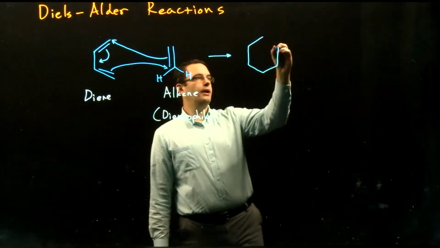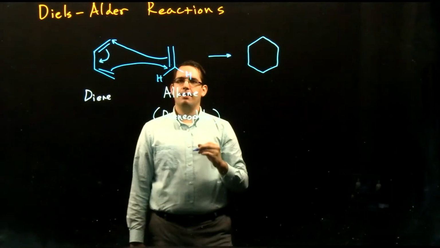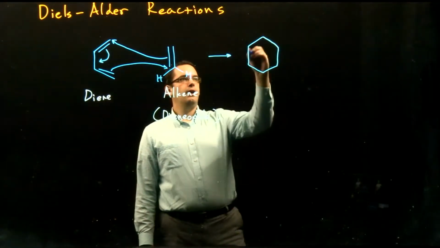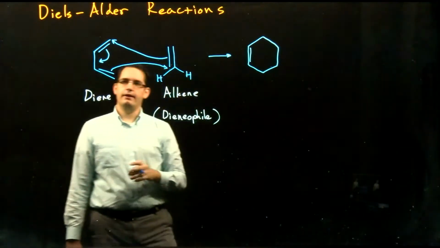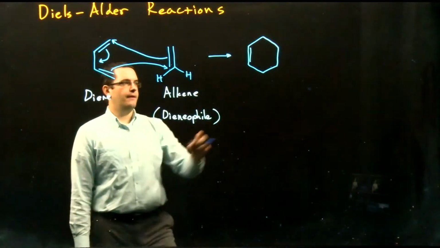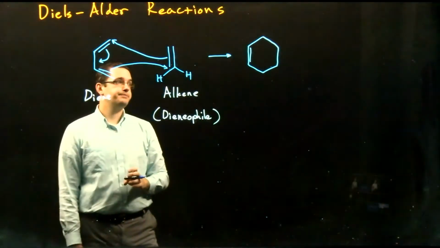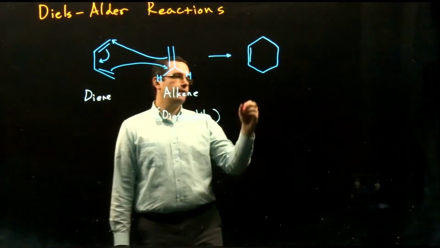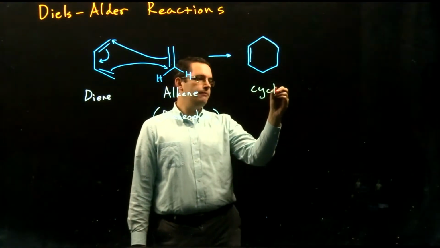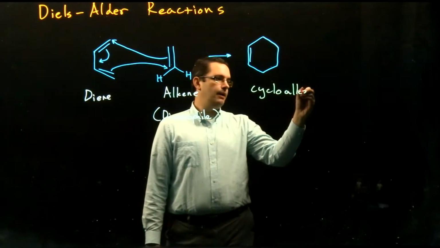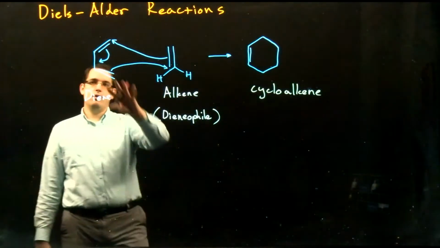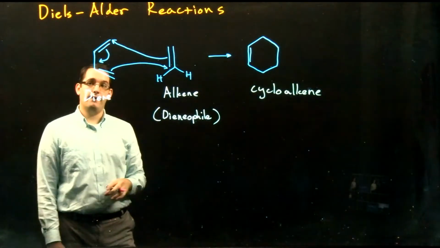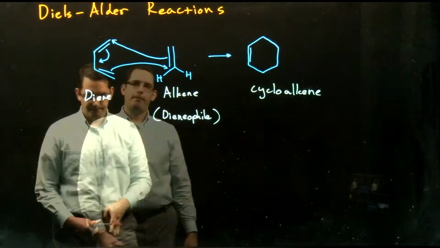We used our double bond to make a new bond up here to our diene, and our last double bond just shifted over to take the place of our lower double bond that we used to make that new bond. So we have a cycloalkene as our product, and this all occurs in a single step through our electrons moving around in this cyclic reaction.